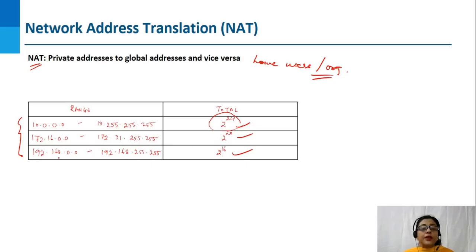The third block is 192.168.0.0 till 192.168.255.255, so 2 to the power 16 addresses that can be used by anybody in network address translation. This is basically used for ISP and NAT.